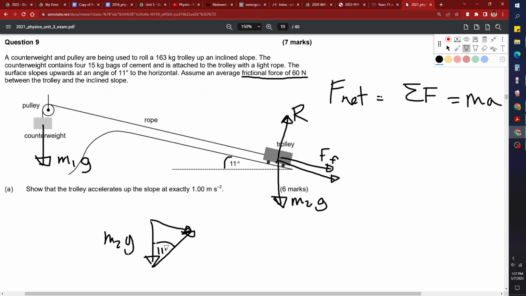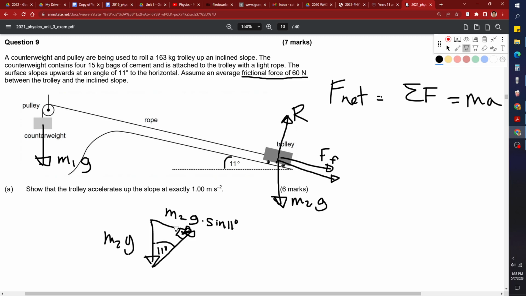So we'll put it here. I would say it's the net force between these two, but you'll see that it's just a sine ratio of M2G. So it's just going to be M2G sine 11 degrees. And we get that because it's opposite.